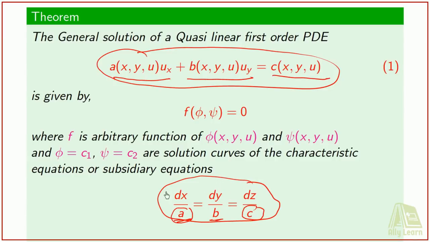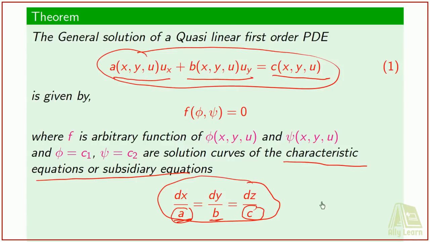So this is how we obtain this set of equations, and these are called the characteristic equations or subsidiary equations. In order to calculate the general solution of this quasi-linear PDE, what we do, these subsidiary equations are also called Lagrange subsidiary equations.